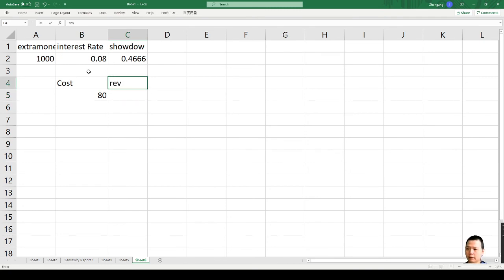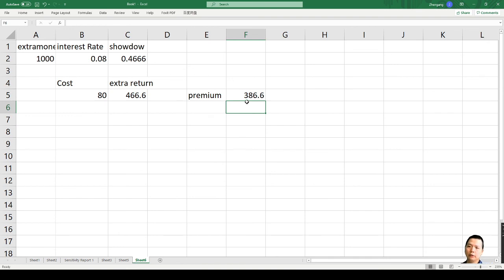And the revenue, or we can say the actual return, would be the shadow price times the money borrowed. Then the premium equals the actual return minus the cost.